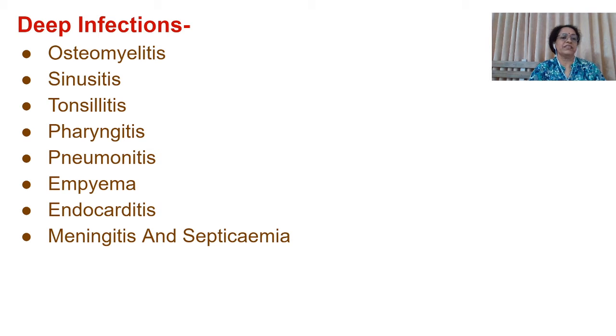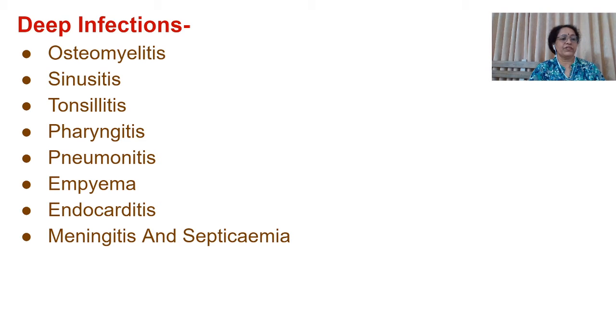Next is pharyngitis. Pharyngitis is inflammation of the pharynx, and there is also an infection of the larynx because of this organism. This organism may cause pneumonia, which is one complication. Then there is empyema, that is, pyogenic infection by the microorganism.